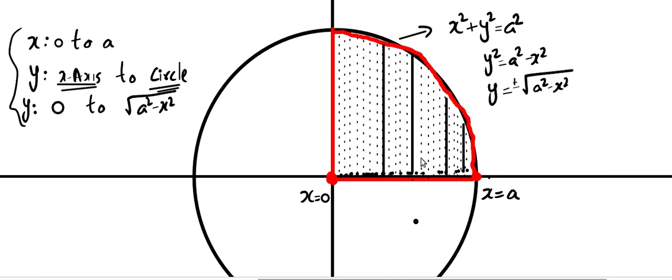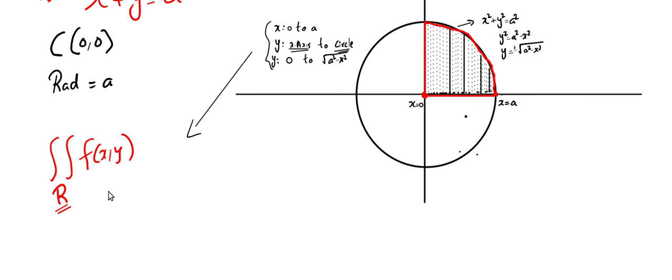I'll repeat once more, as this is the most important thing in double integrals. And I will give you the good news: if you understand this, you will be able to solve most of the problems with ease. We plug these values into the integral, that is, x is equal to 0 to a.